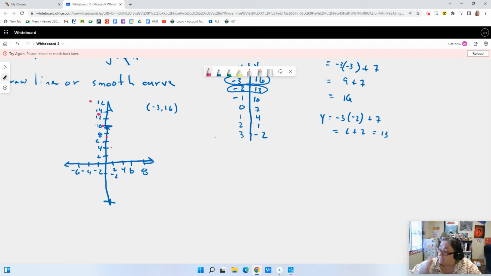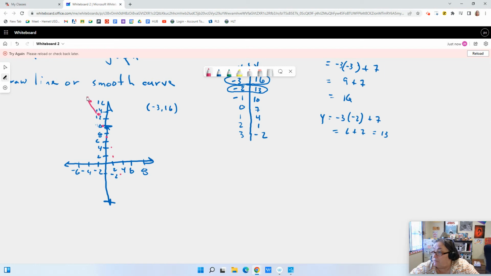And I'm creating this line, and it'll be a line on this one. It's linear because there's no power on it, so I know it's going to be a straight line. What do we have now? We have 2, 1, and then we have 3, -2, right? And we've created this line.